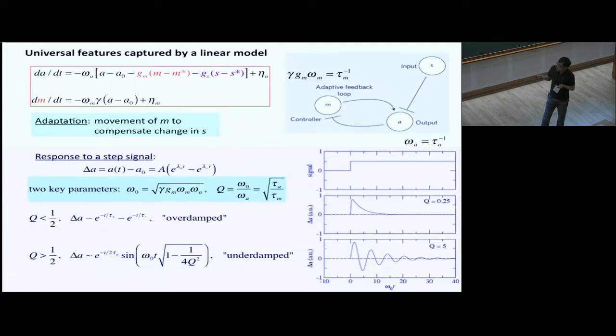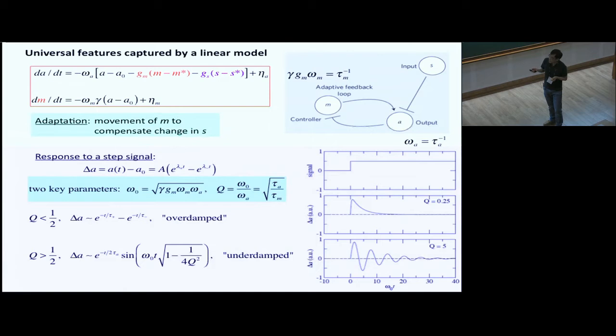And then in the model, there are actually two important parameters. This omega 0 defines some kind of time scale. And then Q is a kind of quality factor that has to do with the ratio of the characteristic time for A and the characteristic time for this internal variable M that controls the dynamics of A.